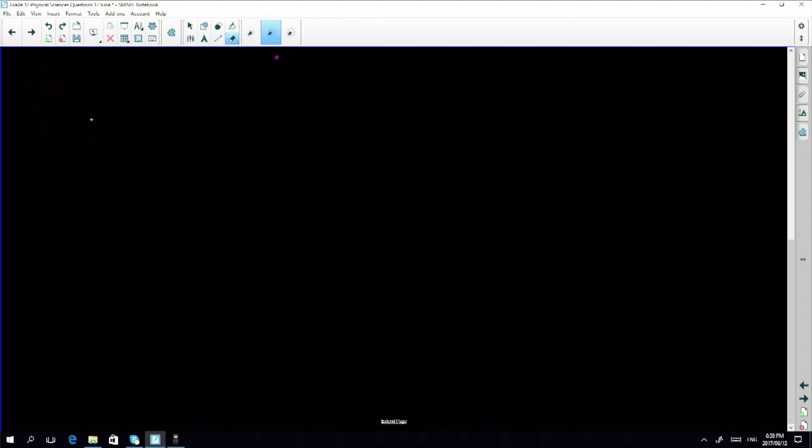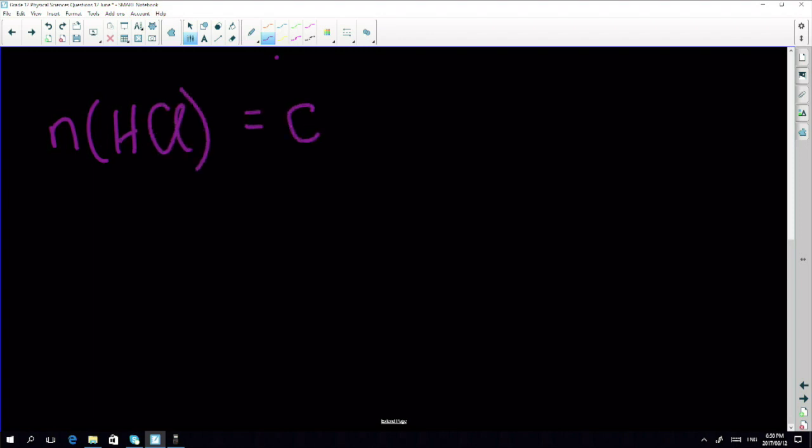Let's work out the number of moles, let's start with the HCl, which is going to be the concentration of the HCl times its volume. The HCl had a concentration of 0.1 and the volume was 0.5.